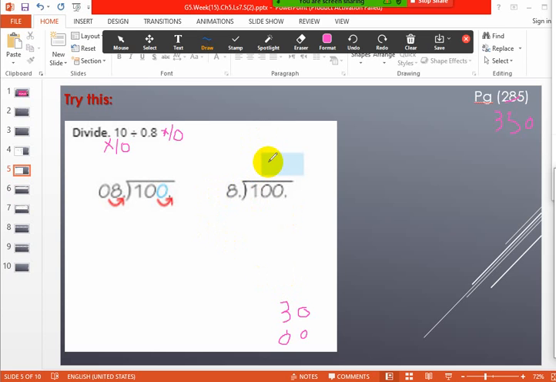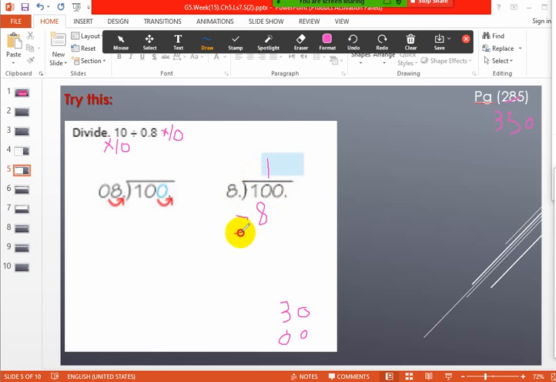How many 8s are in the 10? 1. Very good. Now 1 multiplied by 8 equals 8.